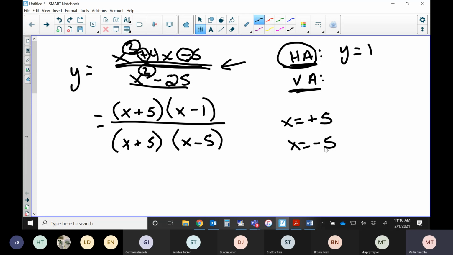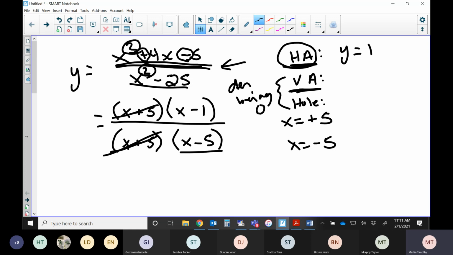But what I'm going to show you today is there's actually a new thing called a hole. Holes and vertical asymptotes come from the same spot. They both come from the denominator being 0. But one of them cancels out and one of them doesn't.